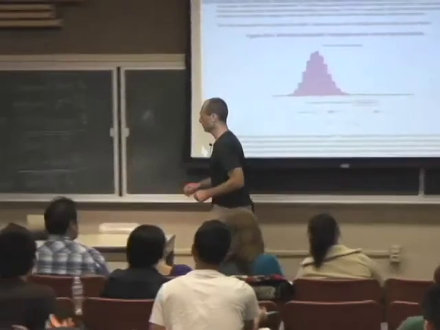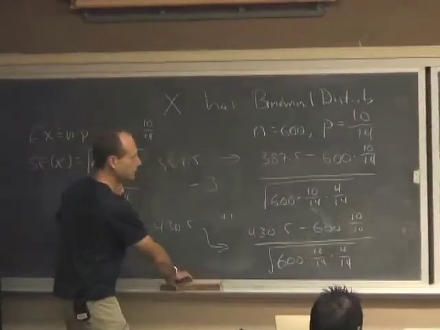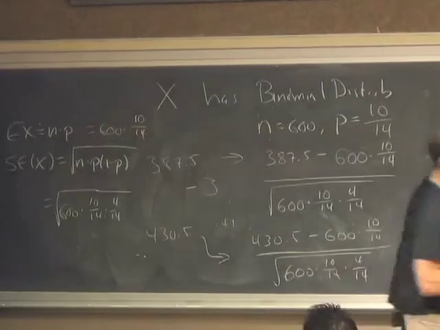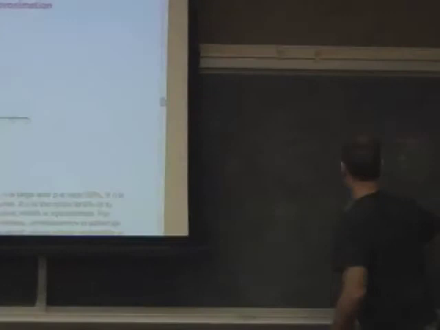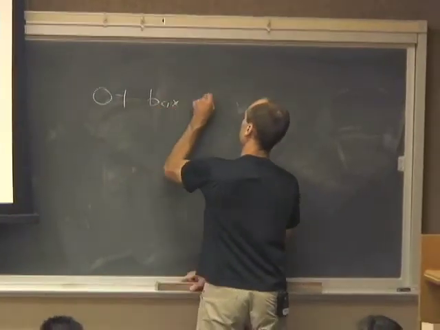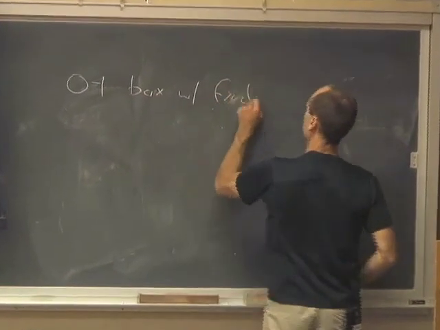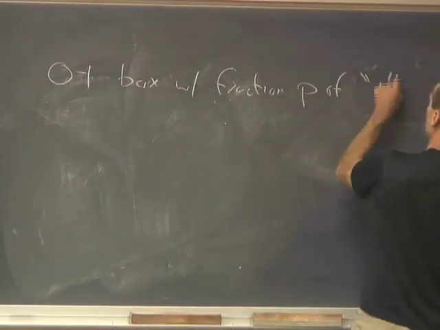Yes. So the question is, is this the same thing as the square root of n times the SD of the box? Yeah, if you remember, you have a 0, 1 box with a fraction p of tickets labeled 1.